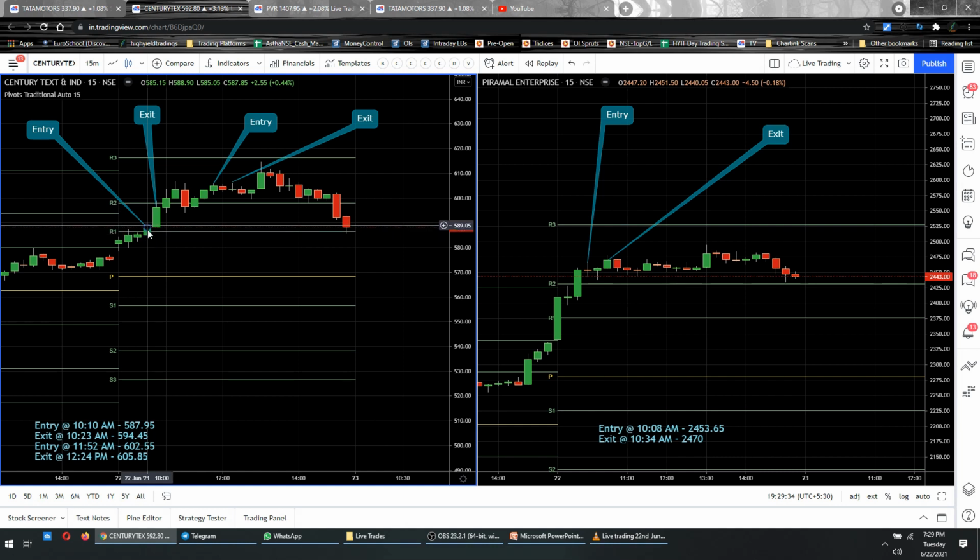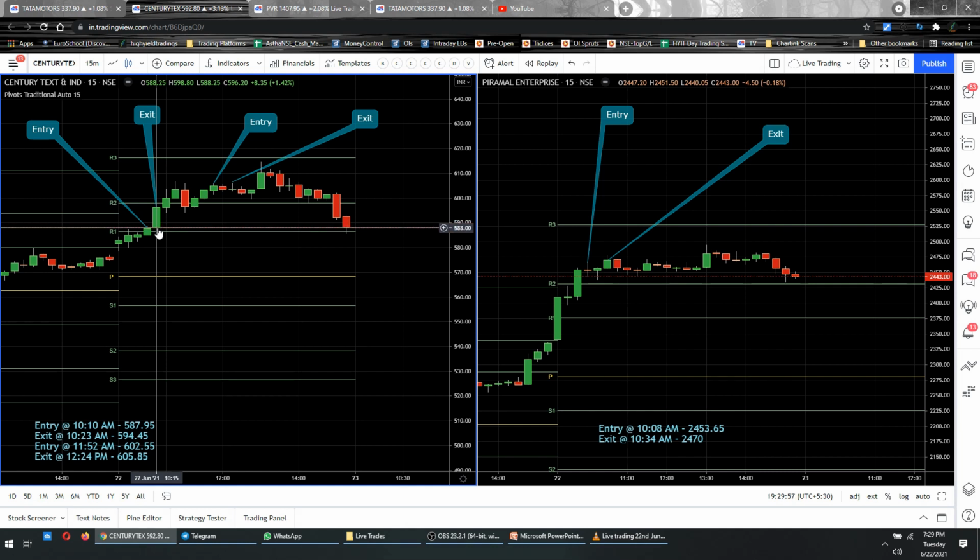You need to wait for the 10 o'clock candle to close, and then you have to take the entry at the 10:15 candle. So even if you avoid taking a buy entry at the 10 o'clock candle, it should not bother you, because at the 10:15 candle, the moment it starts, you can take the entry at any point.